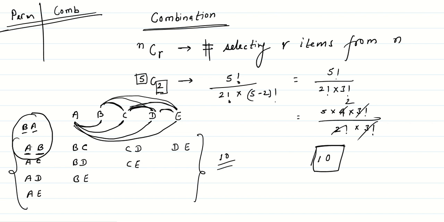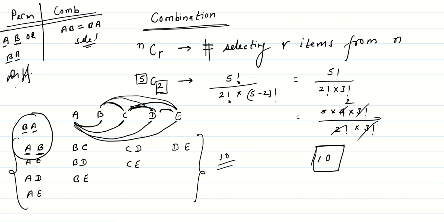AB is the same as the BA selection, because I'm selecting a group of members. It does not matter who is selected first and second, right? So AB equals BA selection. This selection is the same. But in the permutation, arranging AB and arranging BA is different, not the same.